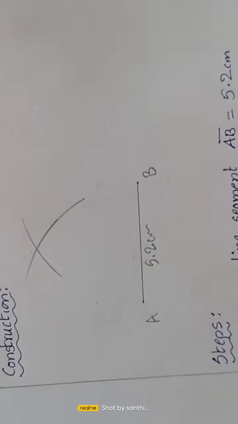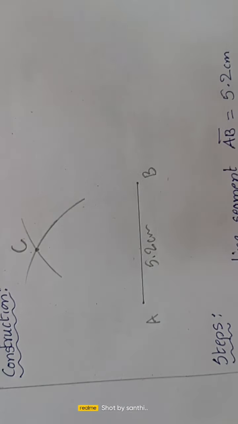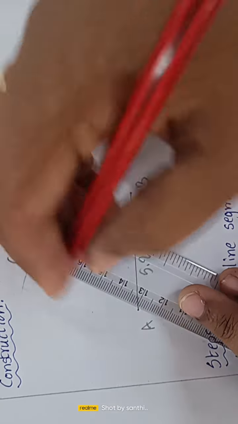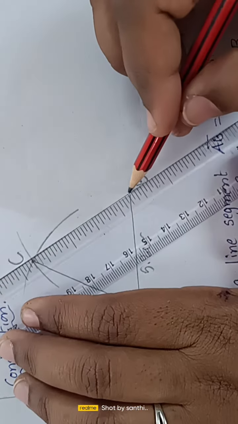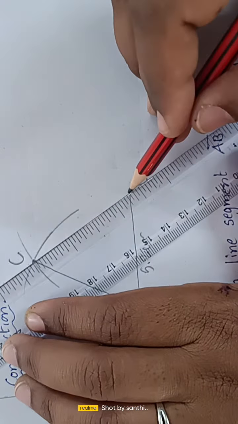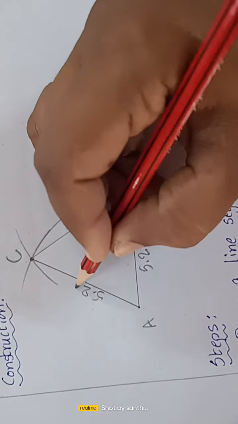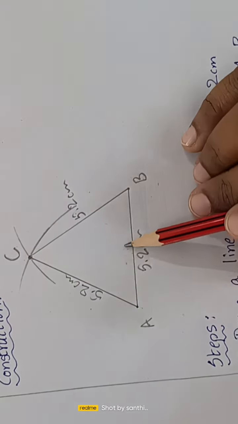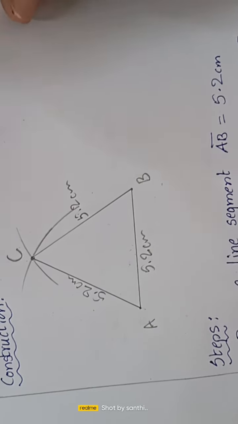Now wherever they intersect, that will be our third vertex C. Join AC and BC. These are also with the same measurement, 5.2 centimeters. Now it is our required triangle, the equilateral triangle.